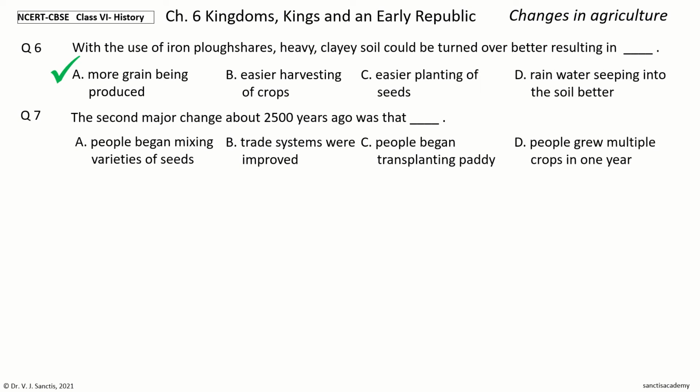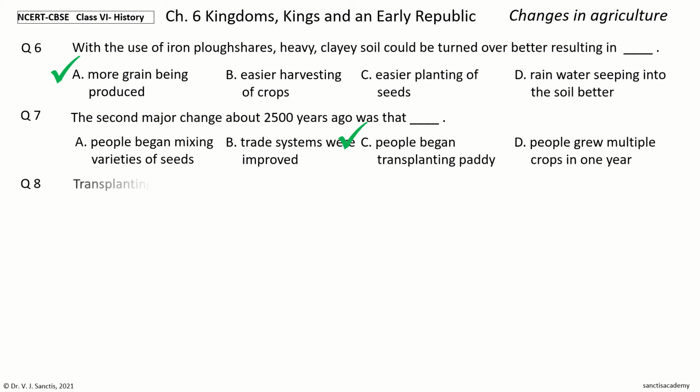Your time to choose. And the answer is people began transplanting paddy. So, the second major change about 2500 years ago was that people began transplanting paddy.